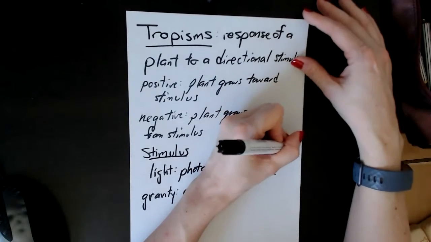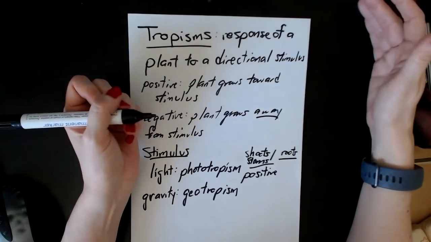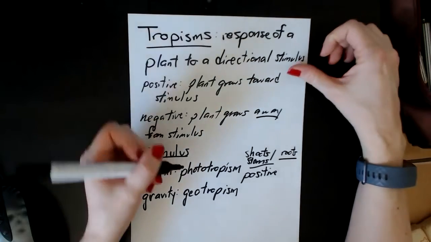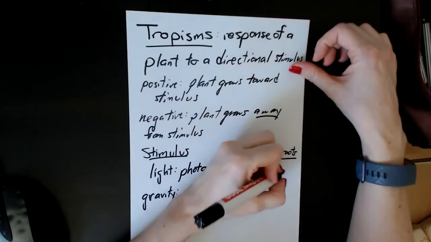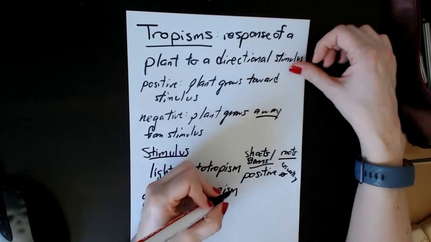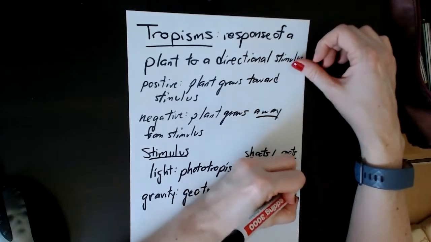Roots often don't have any response, but some of them do show a negative phototropism, which means sometimes they grow away from it. Usually it's not applicable. Usually there's nothing there. Sometimes it can be negative.